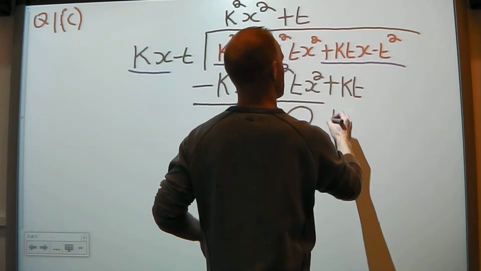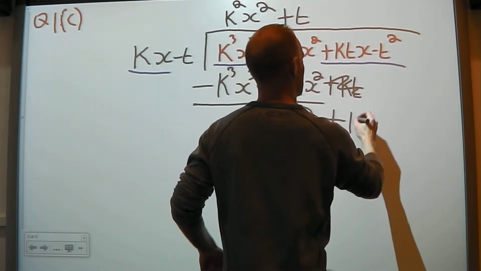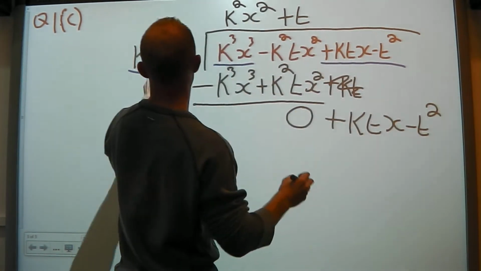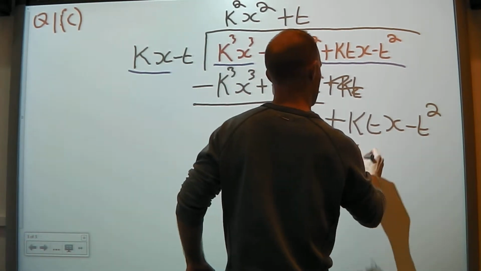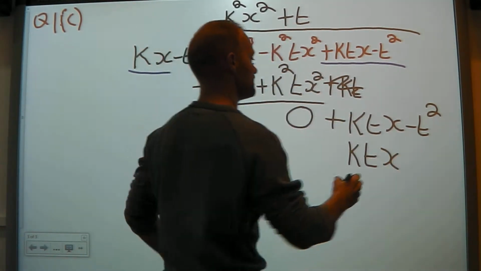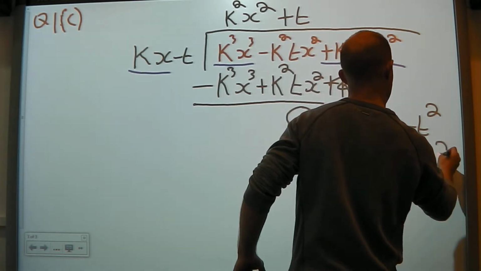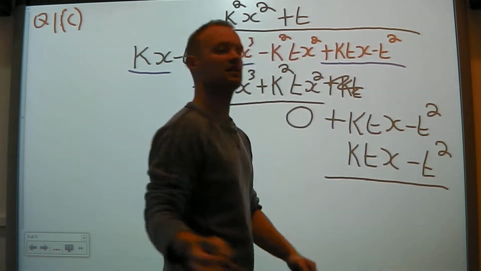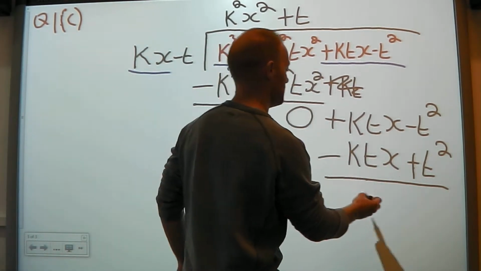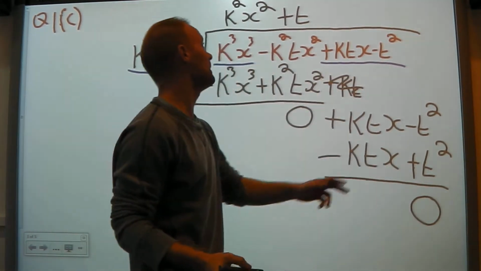Negative t squared. So t times this is ktx, and negative t times positive t is negative t squared. And we subtract, change the sign of every term in the bottom line, and then we get 0. So we have no remainder.